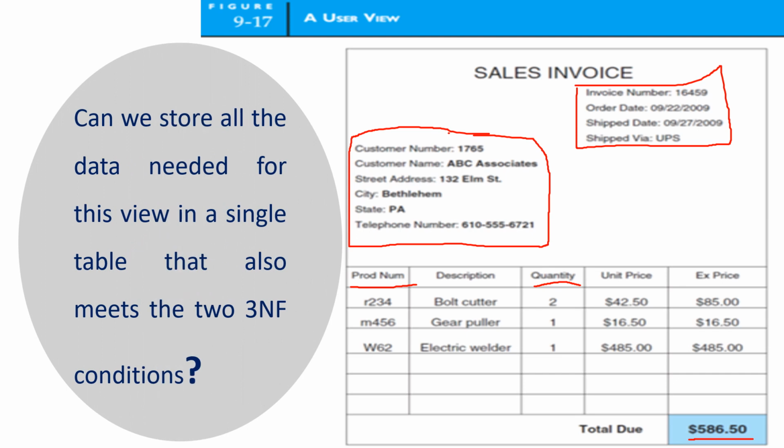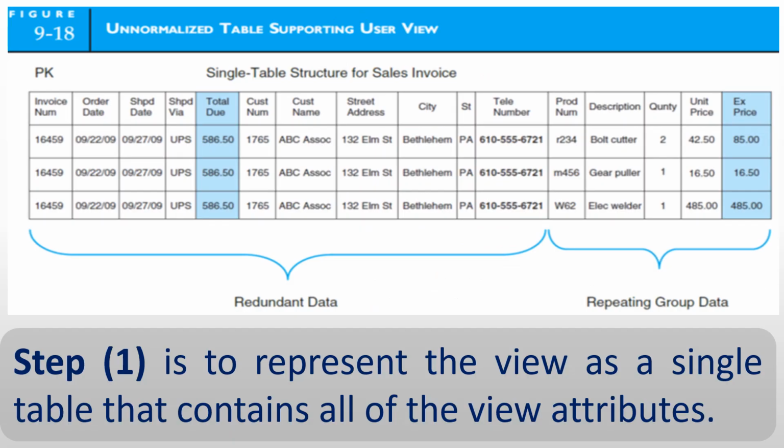So, can we store all of the data needed for this view in a single table that also meets the three normal form conditions? In the normalizing process, step one is to represent the view as a single table that contains all of the view attributes.